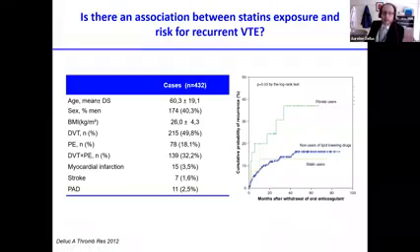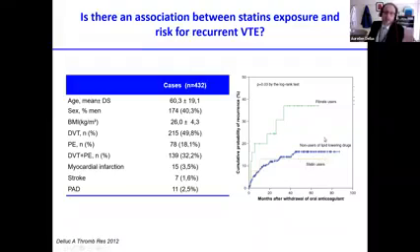So these results were a little bit disappointing because we were hoping that patients exposed to statins would have a lower risk of recurrence than non-users, but it doesn't necessarily mean that there's no effect, because we don't know what would be the rate of recurrence of these patients if they were not exposed to statins.